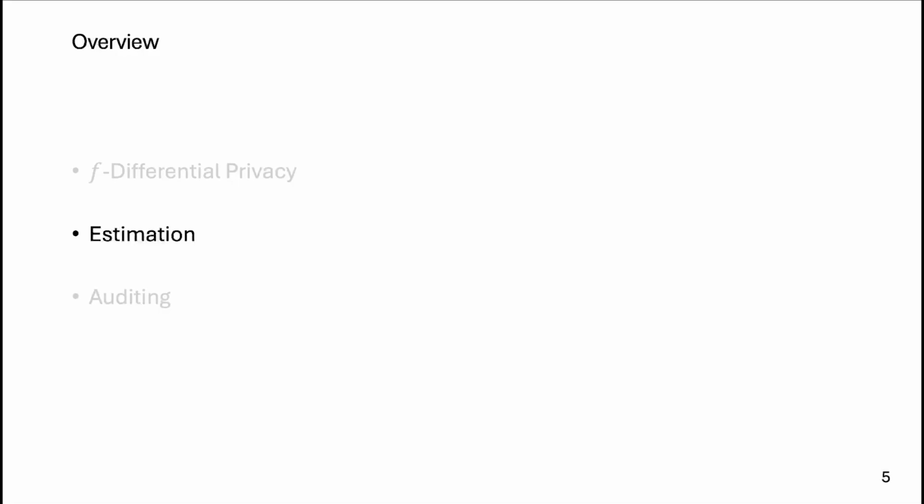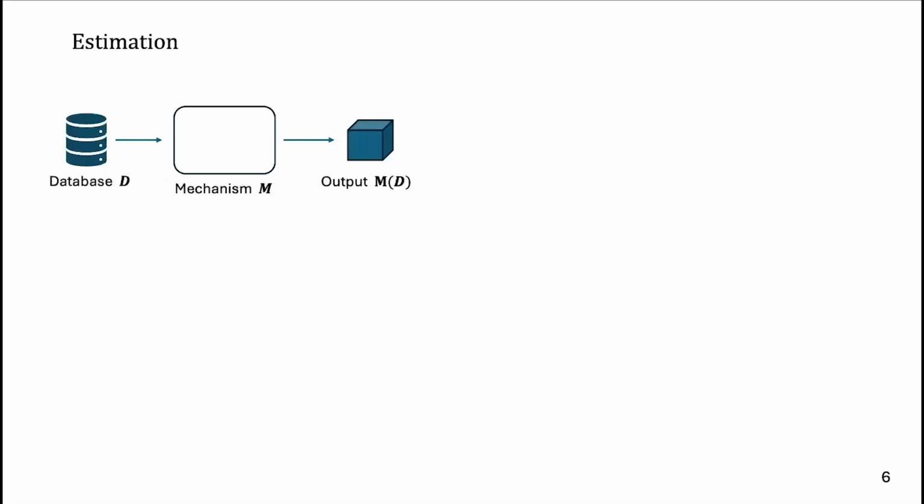Alright, we now consider the task of estimating the privacy parameter in f-DP. We take a look at the scenario from before, where we have a database D, a mechanism M, and that mechanism's output M of D, and we consider a black box setting where we have no knowledge of the mechanism's code or structure.